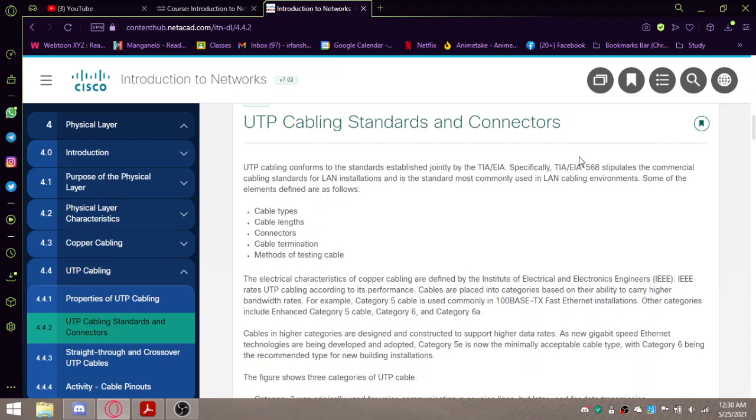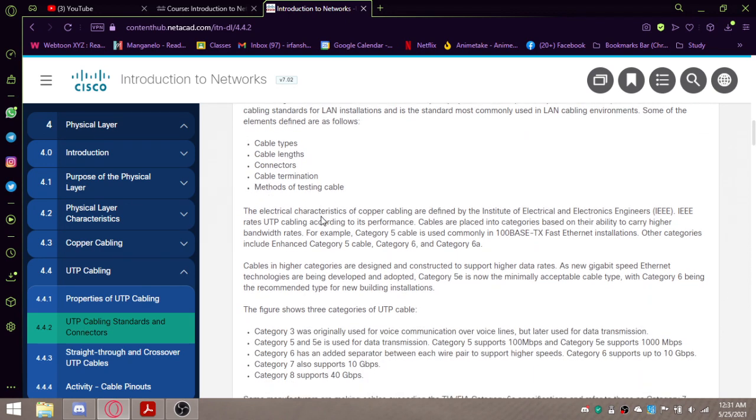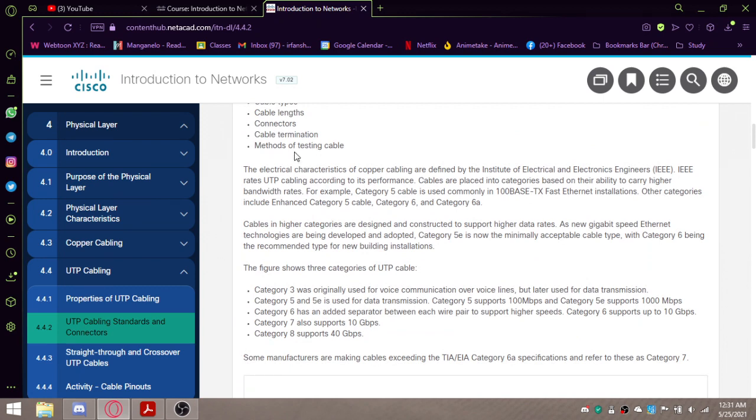Specifically, TIA/EIA-568 stipulates the commercial cabling standards for LAN installation and is the standard most commonly used in LAN cabling environments. Some of the elements defined are the cable types, cable length, connectors, cable termination, and methods of testing cable.